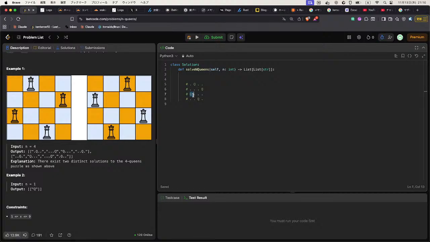And for placement, we have to check all possibilities. So I want to find the easiest way to check it.